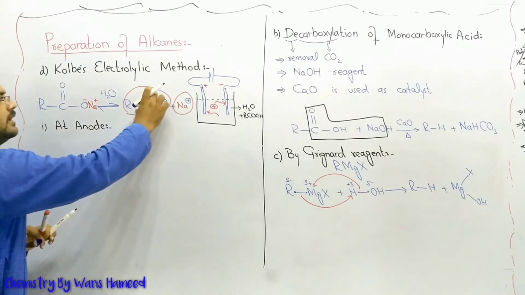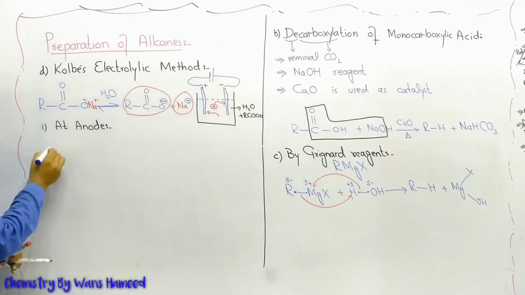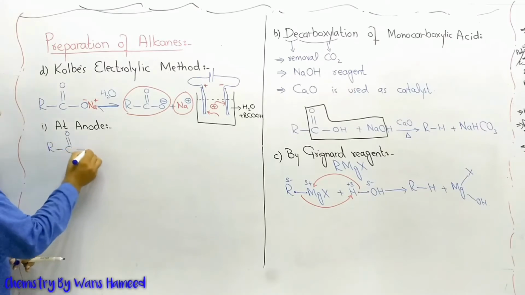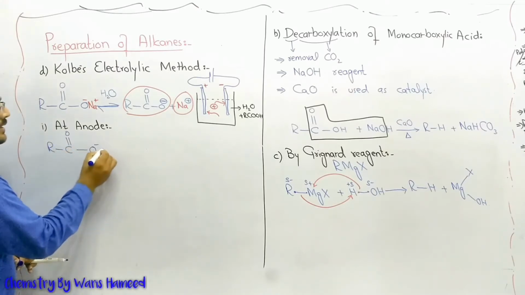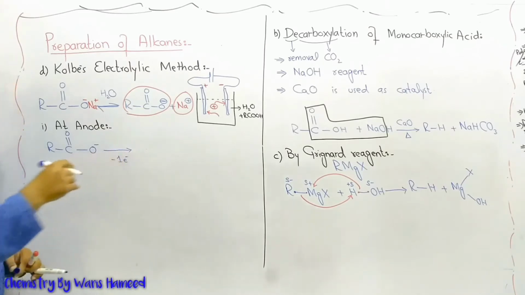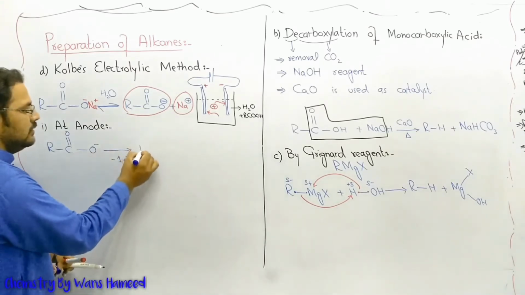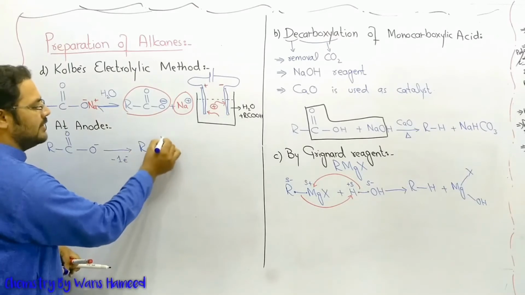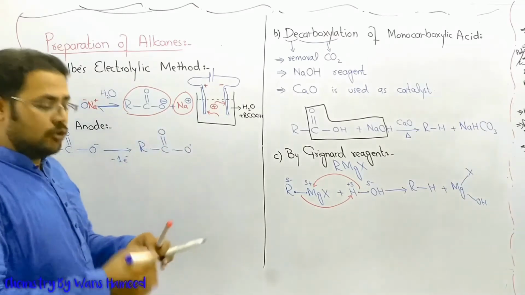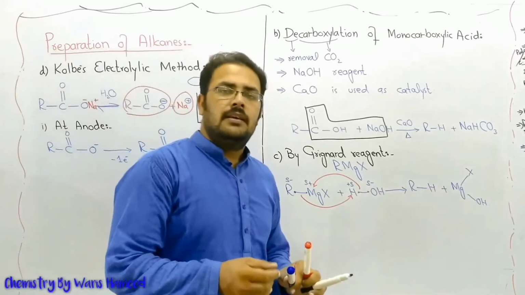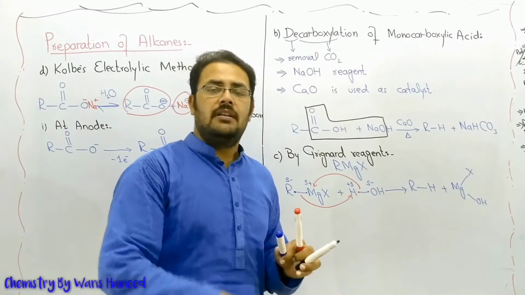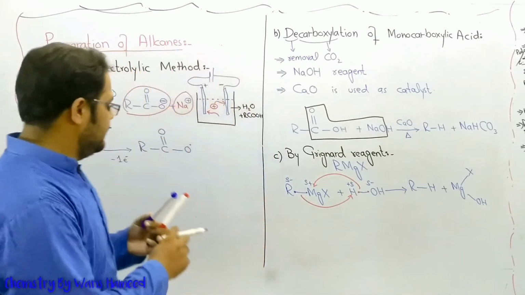When this anion, RCOO negative, reaches the anode, it loses 1 electron and converts into a radical, RCOO radical. We know that radicals are more reactive species. When one forms in a reaction, it will react rapidly.